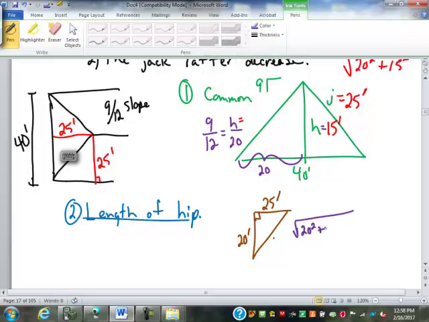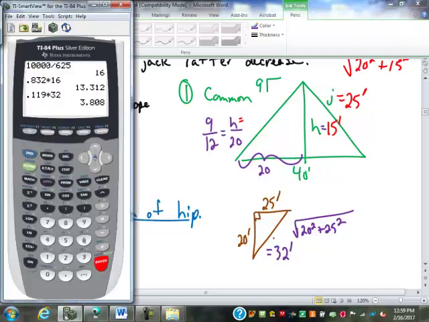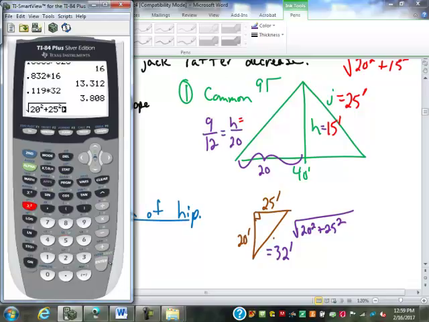Square root of 20 squared plus 25 squared, which gives us? Here, so let's do this. Second square root 20 squared plus 25 squared. 32.015, so it's 32 feet.